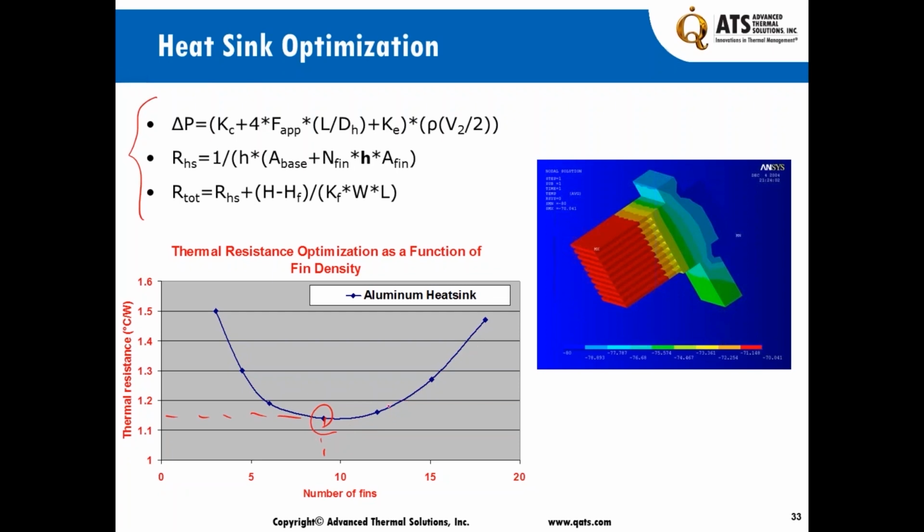You don't necessarily get improved performance. There is a point of diminishing return, and you're going to choke the heatsink with the additional fins, and it's not going to work effectively. So the short of the message is there is a point of optimization that we have to go through to make sure that the design, the liquid side as well as the air side, is optimal.